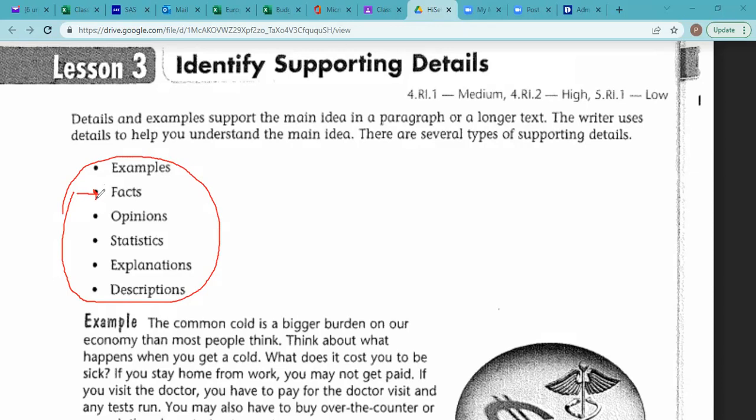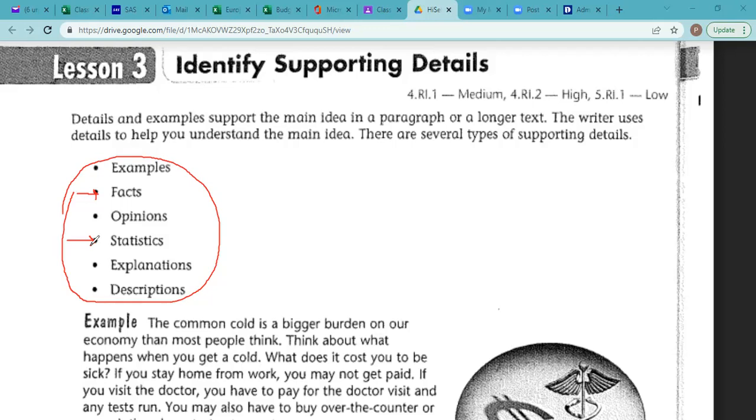More often, statistics are about numbers, like if you want to say 80% of all high school students want to dress in their own clothing, or 80% of high schoolers do not want to have a school uniform, something like that. So statistics are all about numbers.